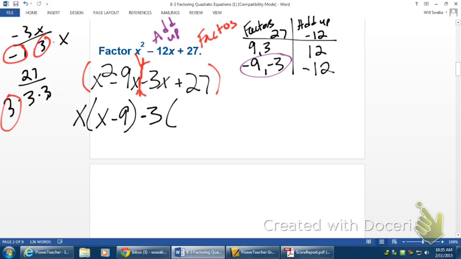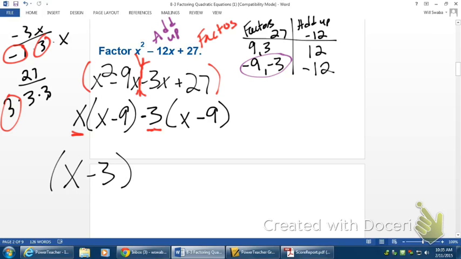Now what is left when I factor that out? X minus 9, because negative times negative. Yes, because I need to get a positive 9 right there. Now I'm down to my grouping part.